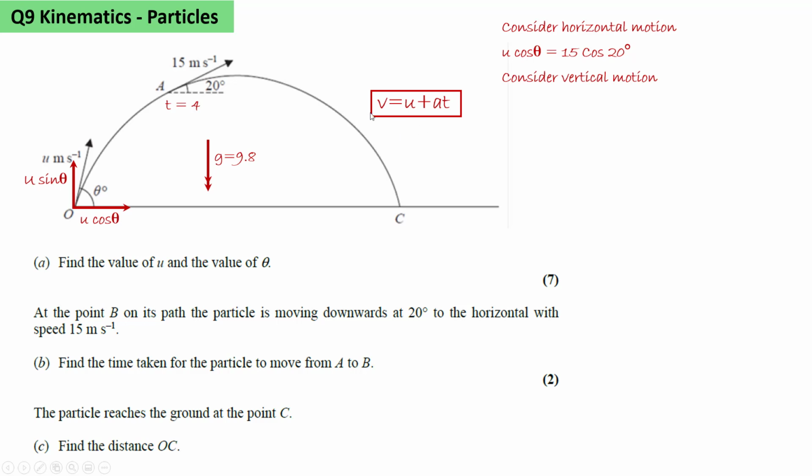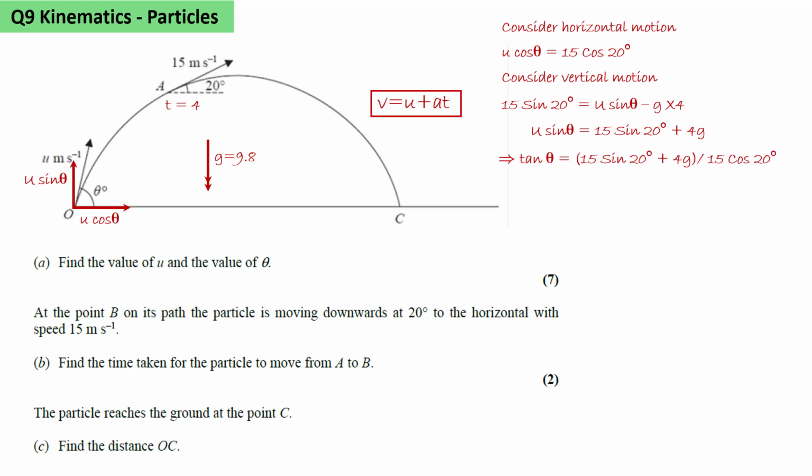We'll use the formula v equals u plus at. The vertical velocity at A will be 15 sine 20. The vertical velocity at O is u sine theta, and the acceleration is minus g, so we have minus g times 4. We rearrange and we have u sine theta equals 15 sine 20 plus 4g.